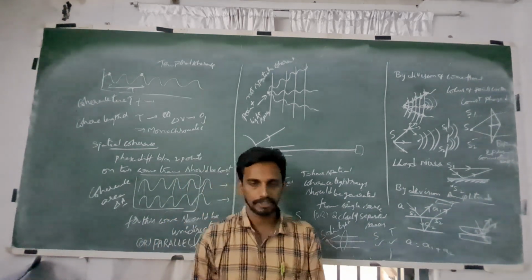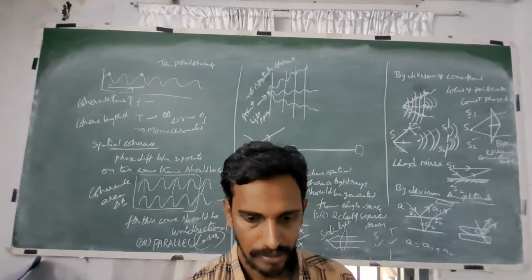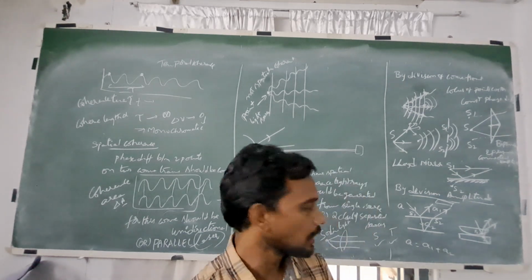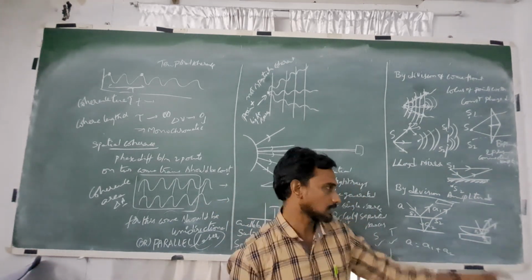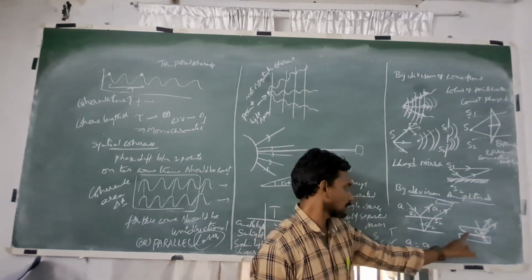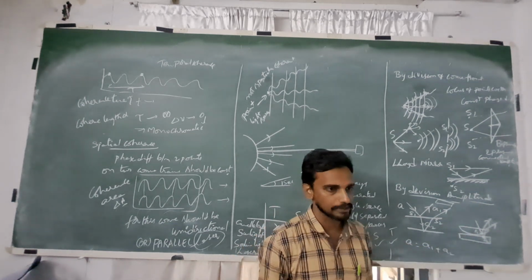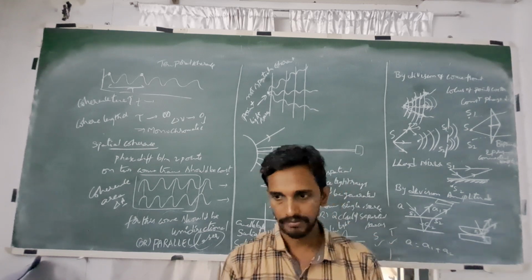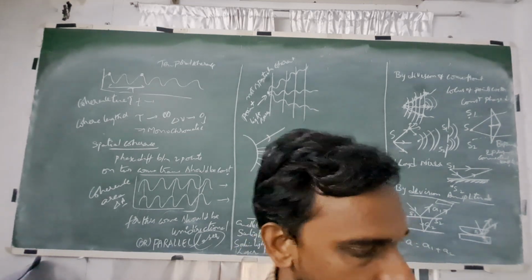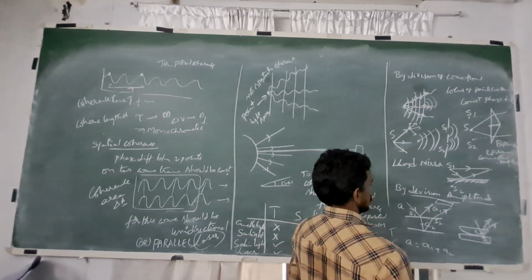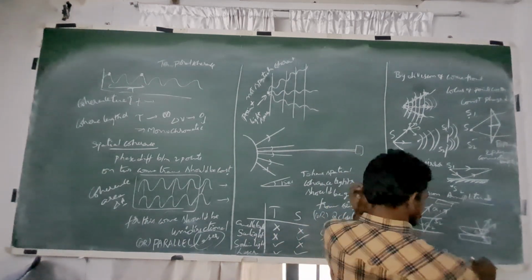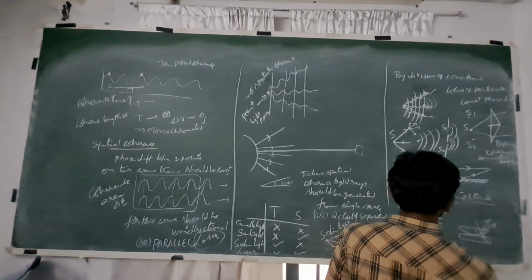The reflections take place on the air film between the two glass plates. One is plano-convex, another is plane. And next arrangement is Michelson interferometer. So this is Newton rings.